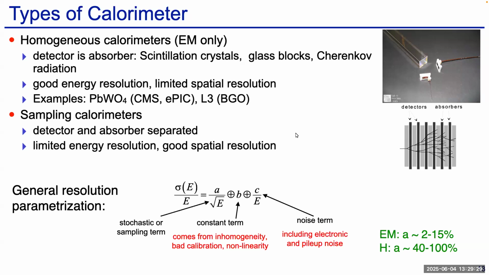It comes from bad calibration and nonlinearity. And the people who build calorimeters have to live with that, which is given by whatever technology they use. But that is on them. The better you work, the more accurate, and the more you think about it, the lower this constant term gets. So that is a bit of an art form, to get this as low as possible.